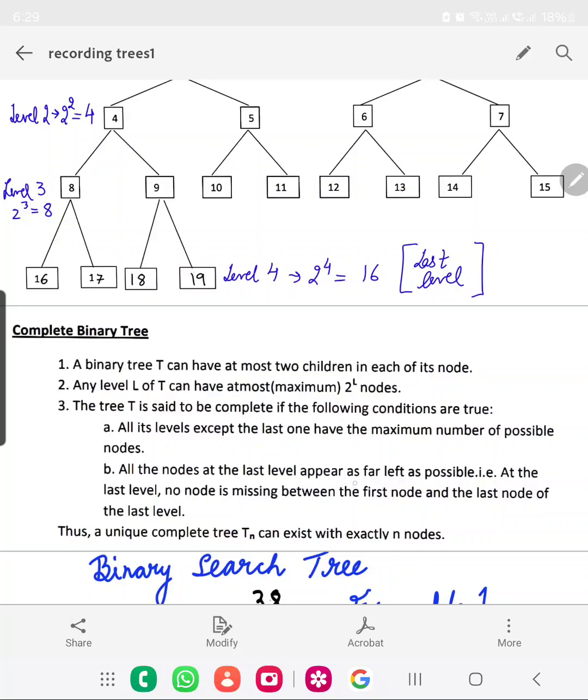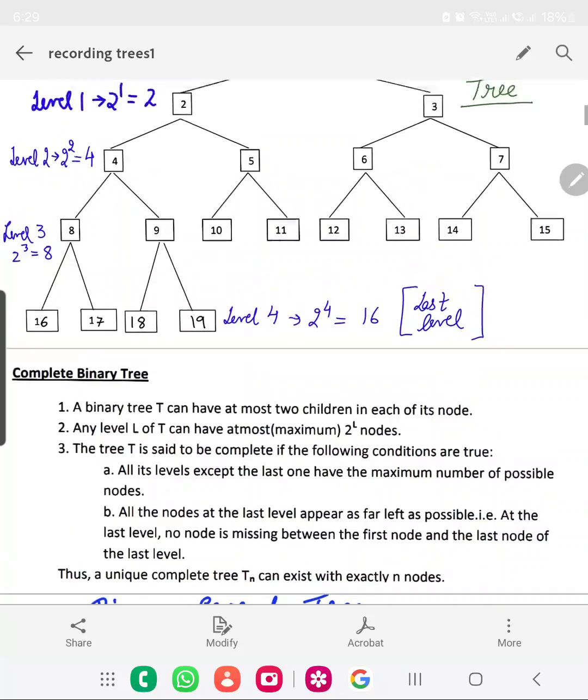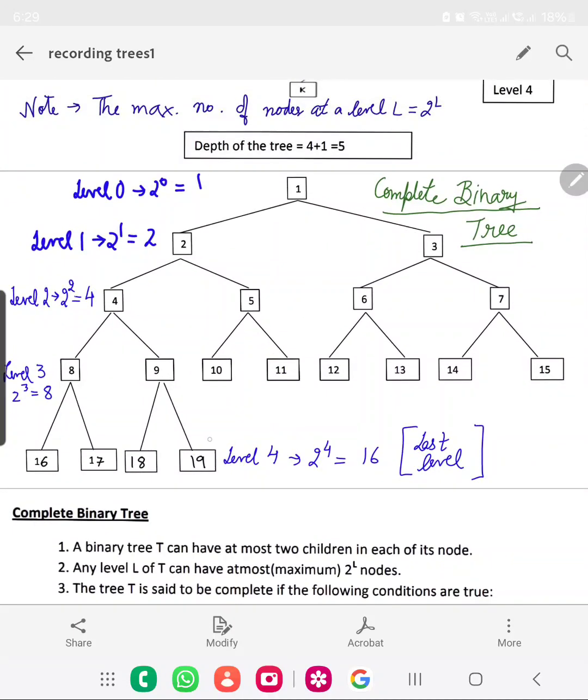All the nodes at the last level appear as far left as possible. So at the last level, no node is missing between the first and the last node of the last level. Thus, we can have a unique complete tree Tn which exists with exactly n nodes. So the above is an example of T19, exactly 19 nodes.